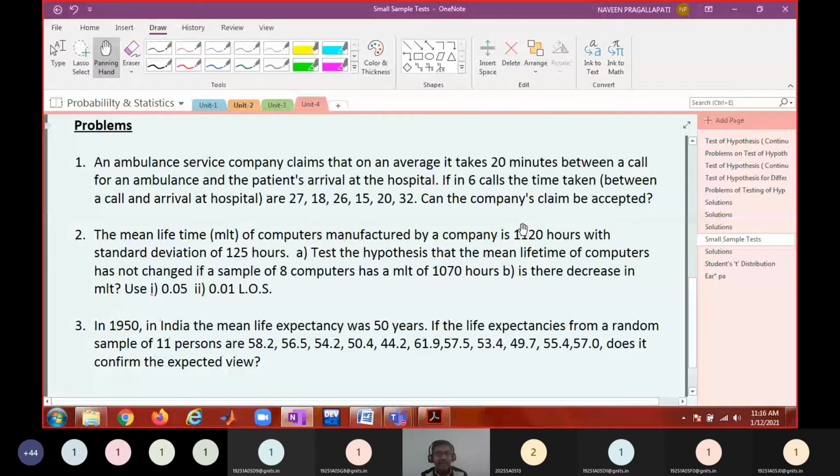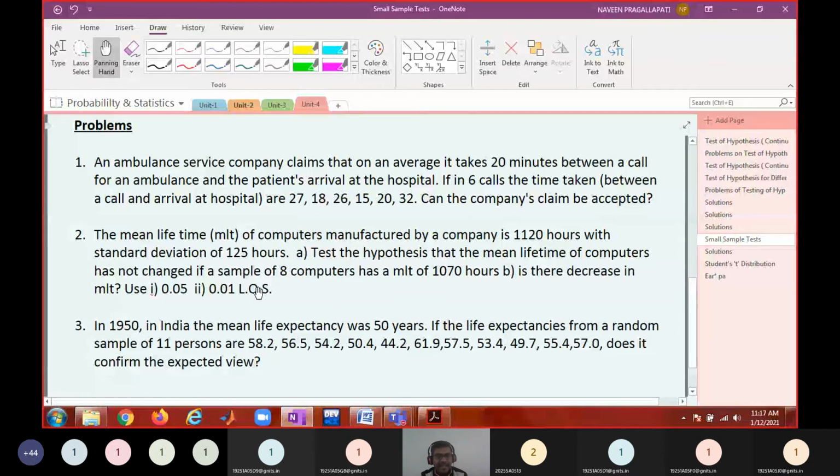If you want to apply a one-tailed test, which test will you apply? The sample mean lifetime is 1070. Is this less than or greater than 1120? Less than. Therefore, which test is apt? The left-tailed test. The question is whether it has changed or not, or whether there is any decrease in mean lifetime. So for the first problem, you have to apply a two-tailed test.